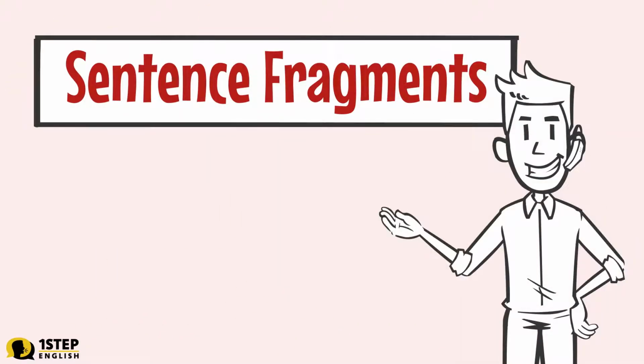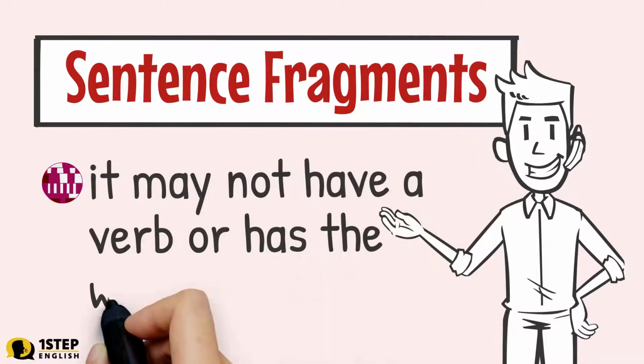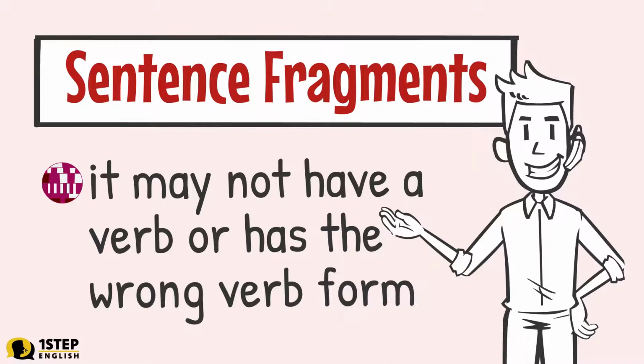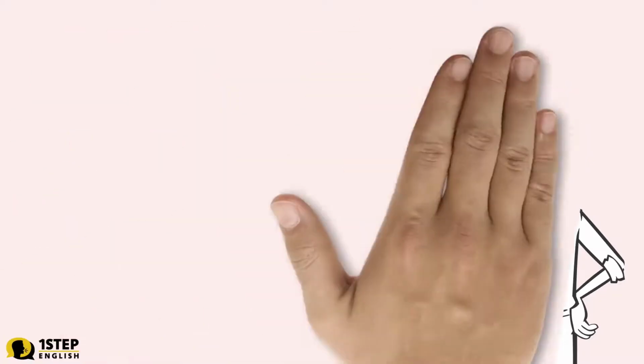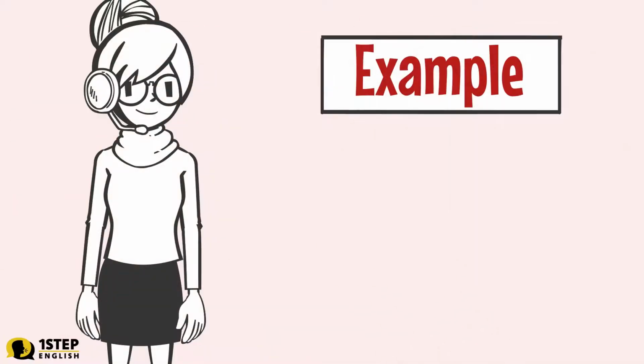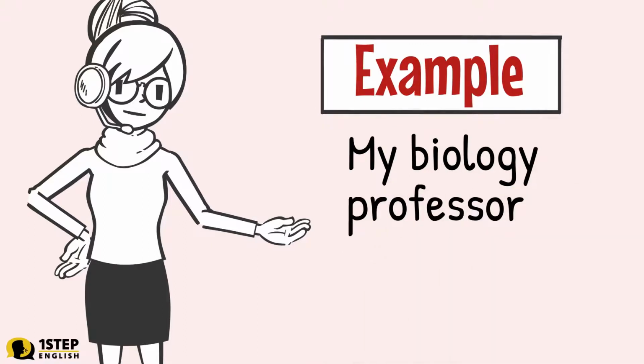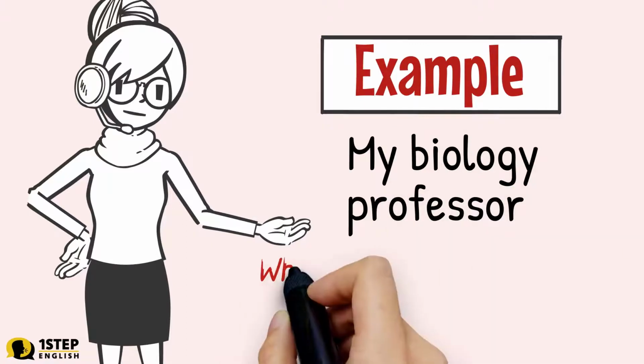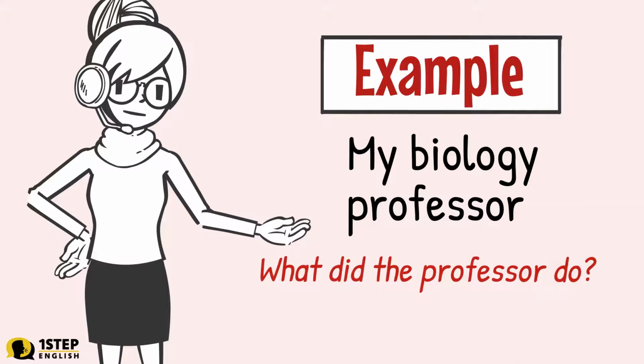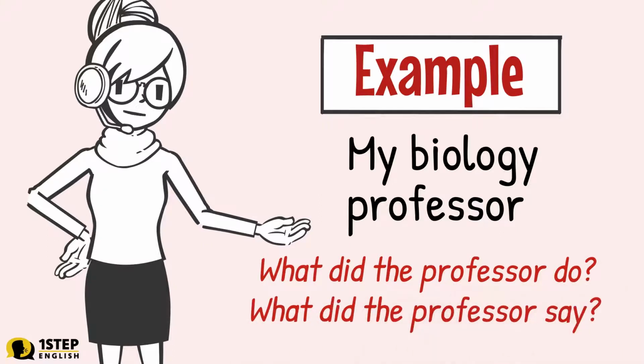You may identify a sentence fragment with the following. A sentence fragment may also not have a verb, or has the wrong verb form. For example, my biology professor. This may ask, what did the professor do? Or what did the professor say?